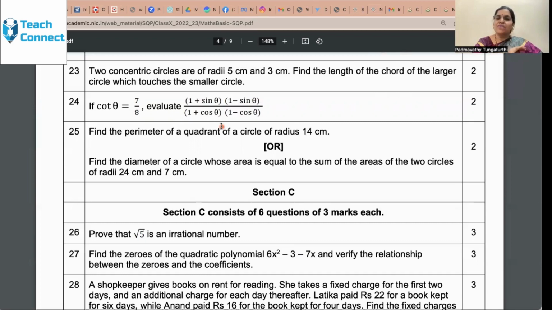Draw a triangle. You give a solution to the children: draw a triangle, a 90-degree right angle triangle, and mark cot theta. But the child should know what cot theta is. Which side by which side is cot theta? If the child doesn't know that, opposite side by adjacent side is tan theta.